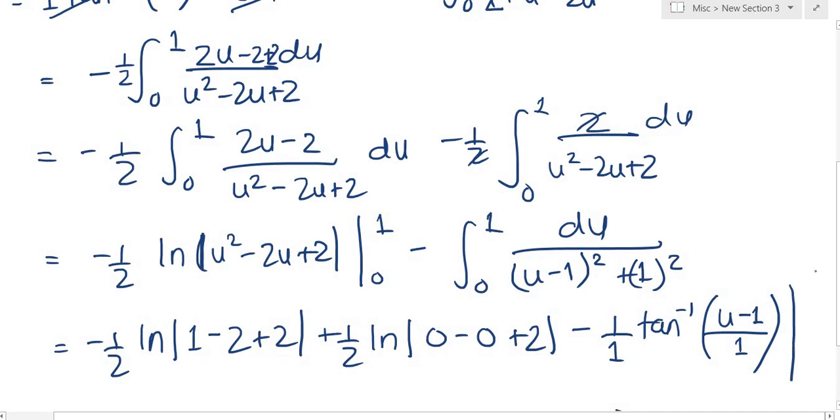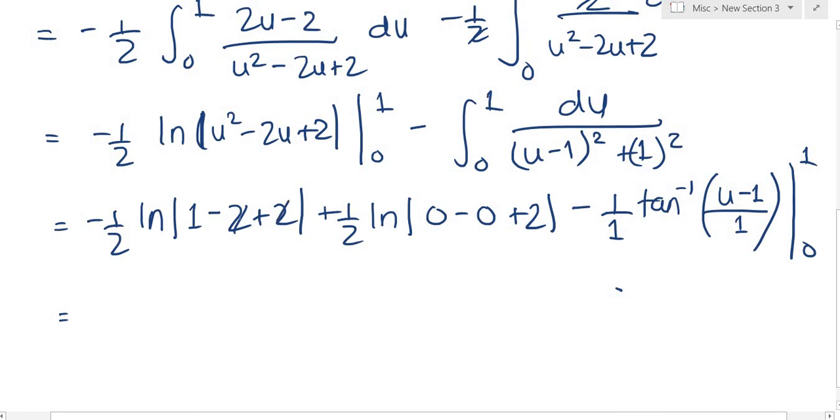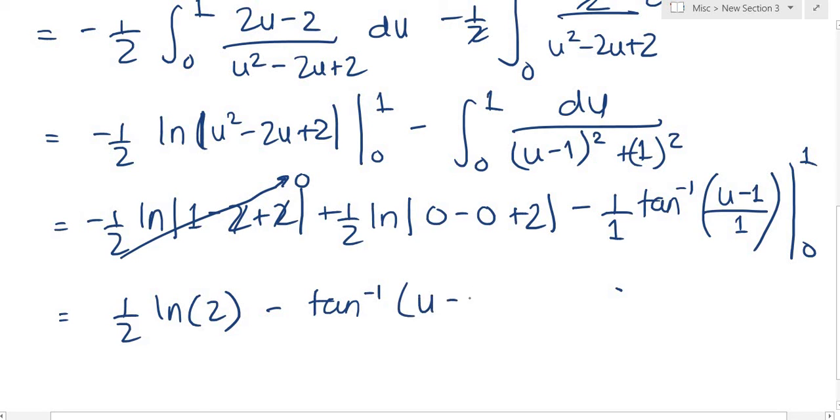And let's not forget our upper and lower bounds. So these 2's cancel out. Natural log of 1 is 0, so this thing goes to 0. We just have a half times the natural log of 2 here, and minus the inverse tangent of u minus 1 evaluated from 1 to 0.